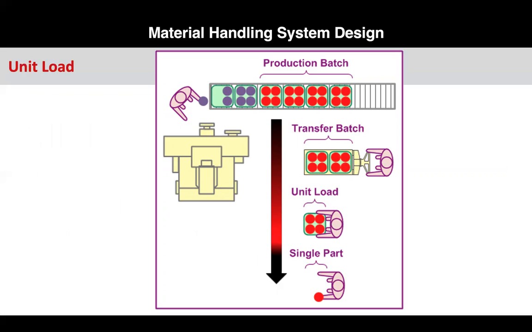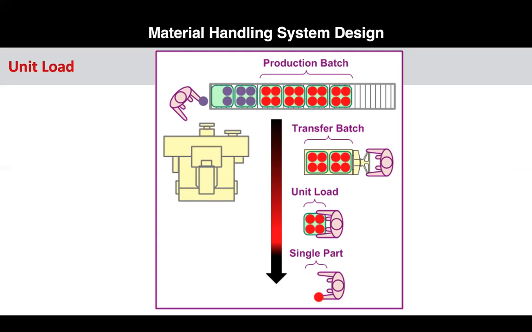Then the transfer, the number of pieces that actually gets transferred to the next workstation, is 8. So it's 2 batches. But the unit load is actually what goes to the operator or to the assembler or whatever. So the unit load is actually 4 pieces.